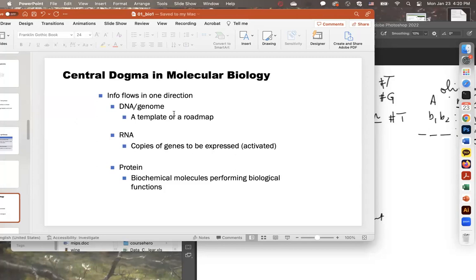Okay. So the gene is copied out into RNA, or it's called expressed or activated. And then from the RNA, a number of different proteins will be manufactured or generated. So the group of these proteins are the ones which actually perform the associated biological function from that particular gene.